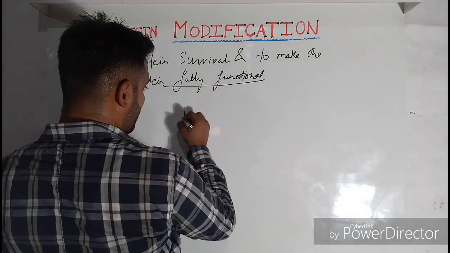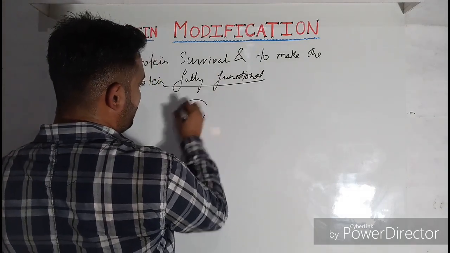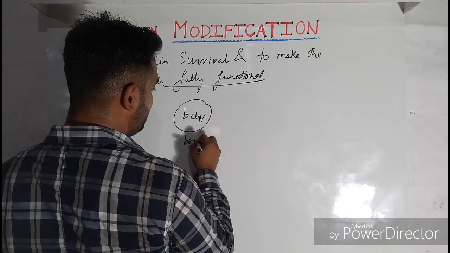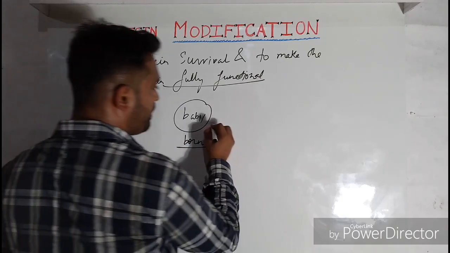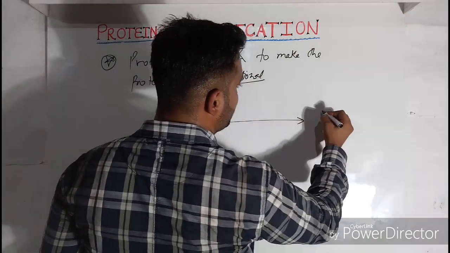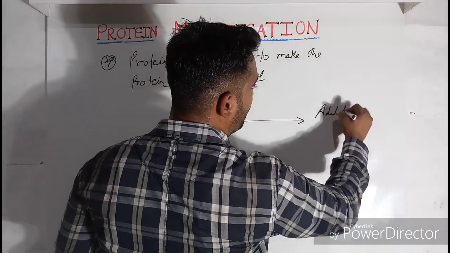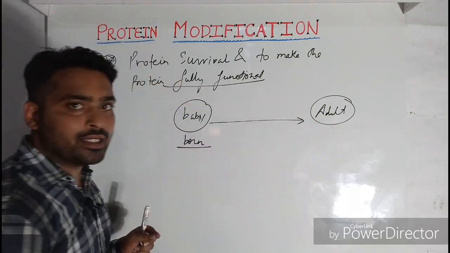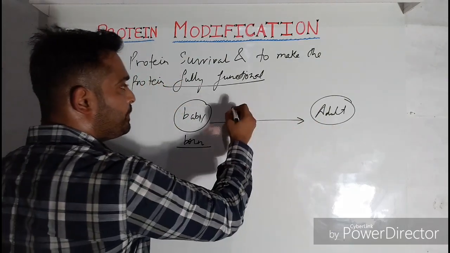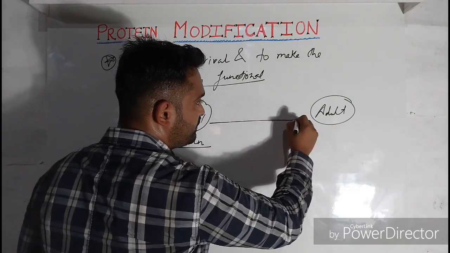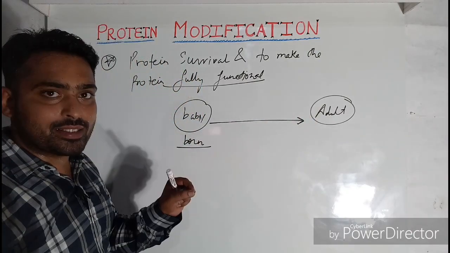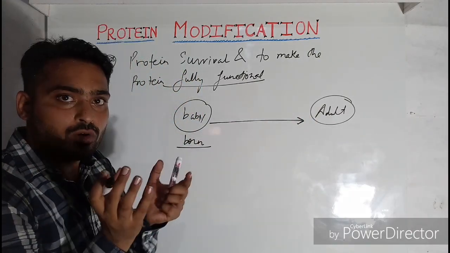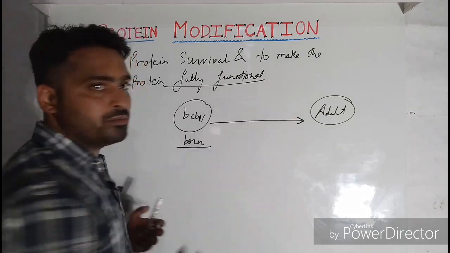Suppose there is a human baby when he is born, and now he is in adult form. To reach this adult phase, the baby needs to pass this journey. In order to do this, he has to go through a lot of obstacles and problems.